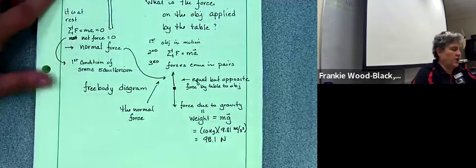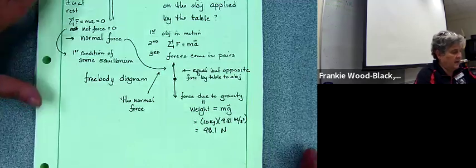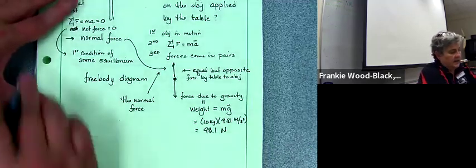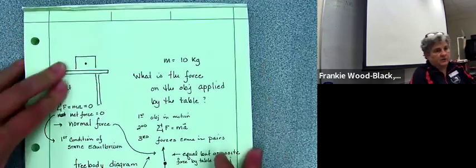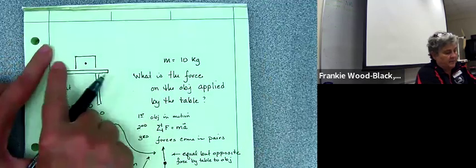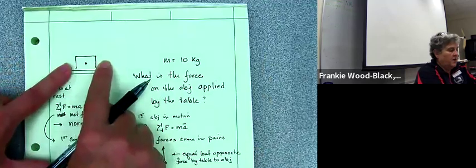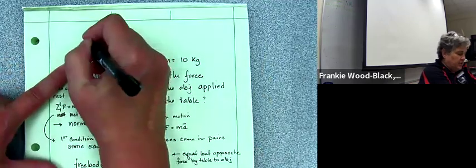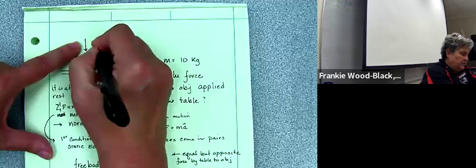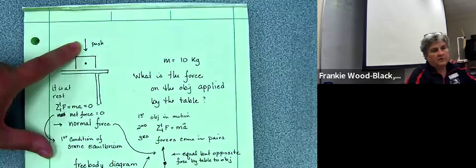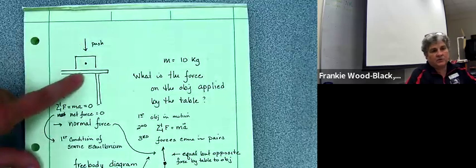Now, one of the things we showed on Wednesday is that we talked about trying to get this object to move. So if I apply a push this way, the object's not going to move, because the table is going to resist that push, and all I'm doing is increasing the normal force.